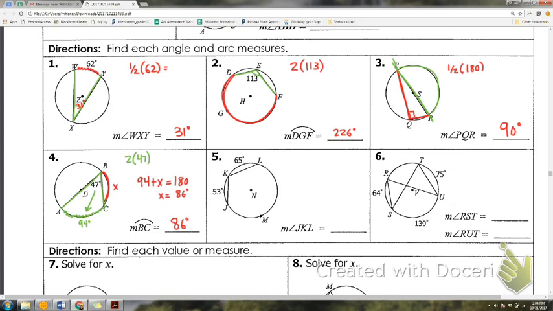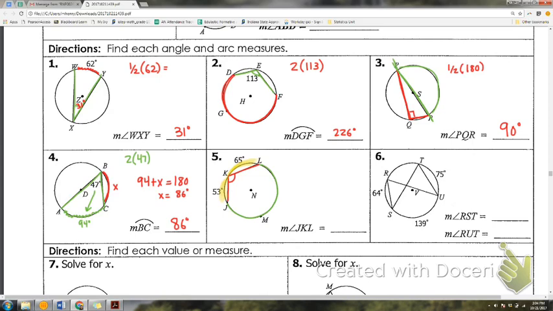All right, number 5. It's asking us for the measure of angle JKL. So it's asking us for this angle, and we know that that angle is half of whatever this arc is. But we don't know how much this arc is. They gave us 65 and 53 back here. But would you agree that an entire circle, all the way around, is 360, right?